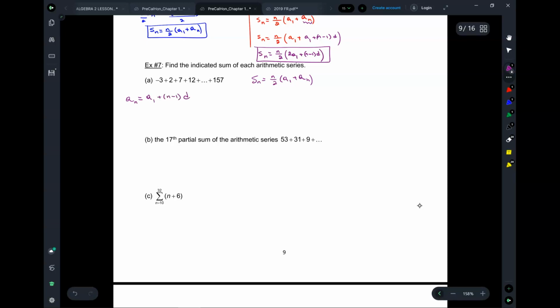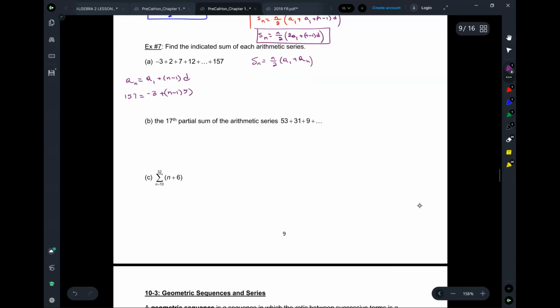This formula is never going to go away. You're always going to have that as your go-to formula to find any missing information. So what's an here? 157, that's the last term. a1 is -3, plus n minus 1 times 5. And if I solve this, n ends up being 33.